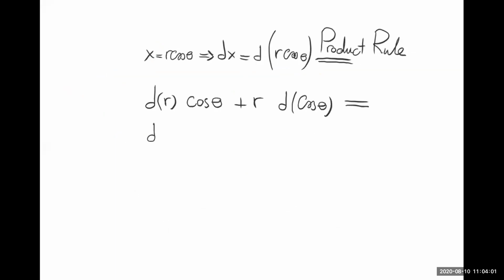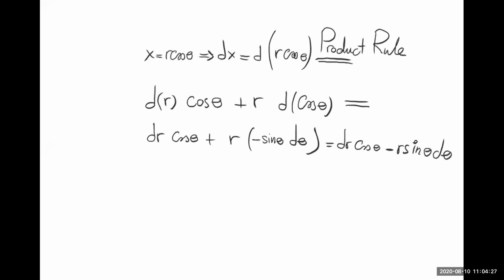The first one is dr cosine of theta. The second one is r d of cosine of theta. But what is d of cosine of theta? I should take the derivative of cosine, which is minus sine of theta, and then write d theta. So I would get dr cosine of theta minus r sine of theta d theta.